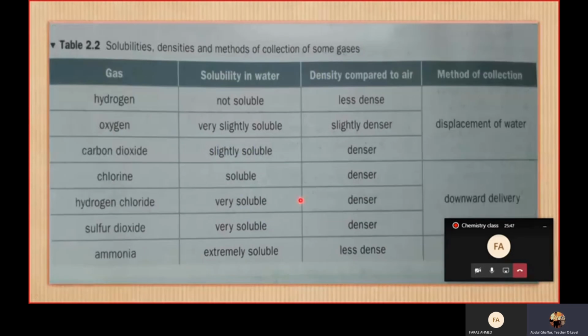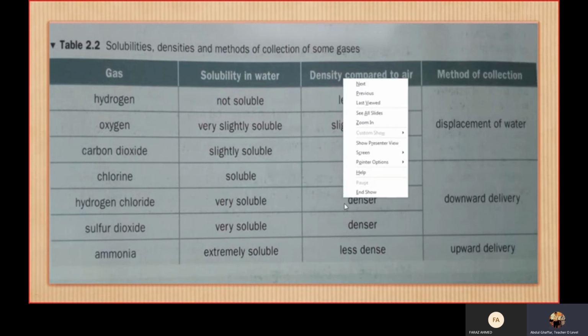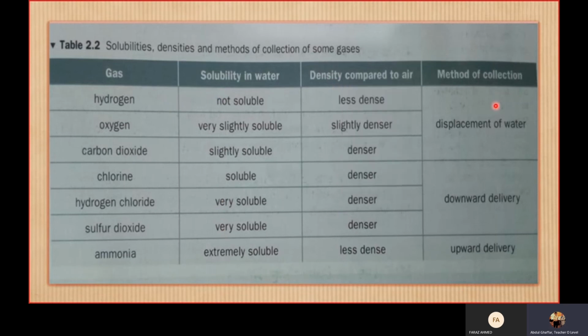Okay. Now this is the table, complete the entire table related to the gas, whether it is soluble or insoluble in water, and whether it is denser or lighter than air. And the last one, methods: number 1, 2, 3, displacement of water, downward or upward.